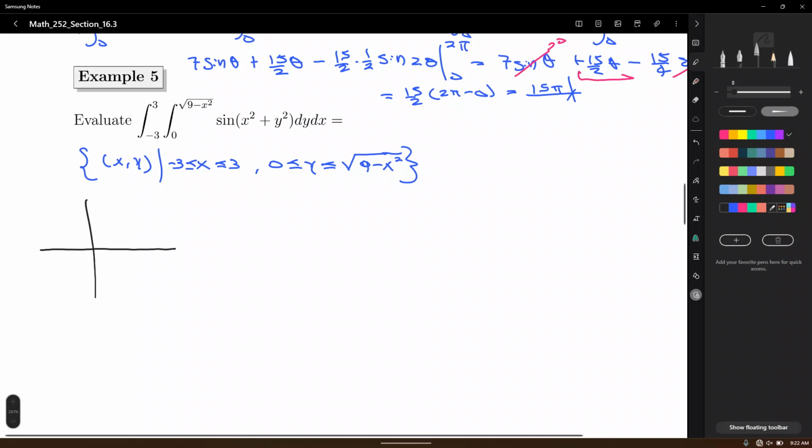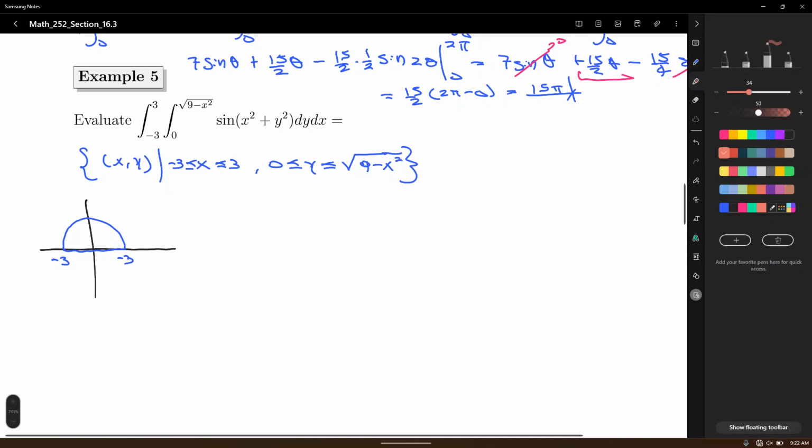The reason why we first sketch the region of integration in the world of xy is to figure out what the limits are going to be for the world of polar. So from y equals 0 up to square root of 9 minus x squared, and yes, this still goes between -3 and 3.